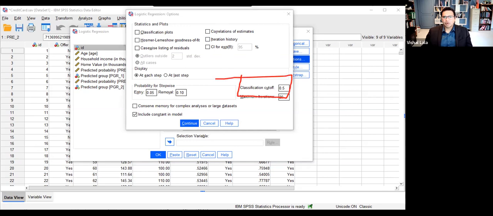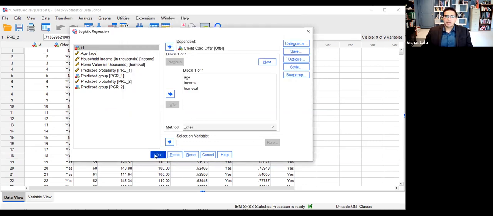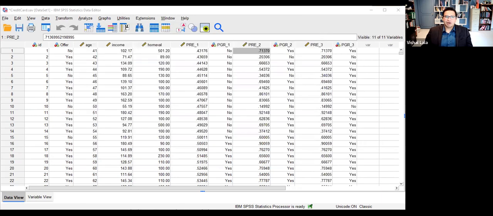By default it is 0.5. We're going to make that now 0.3 and see the effect of that. Okay. So when you change the classification cutoff, you get different categorizations of the predicted probability.